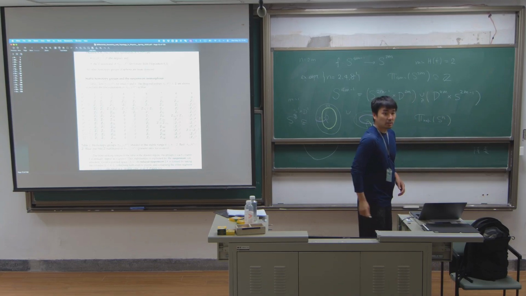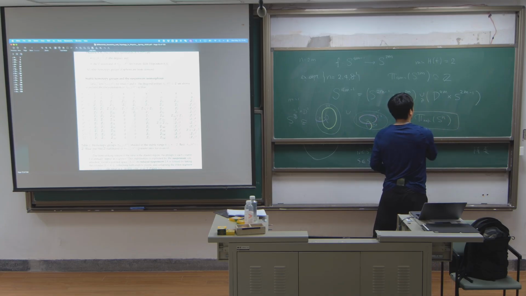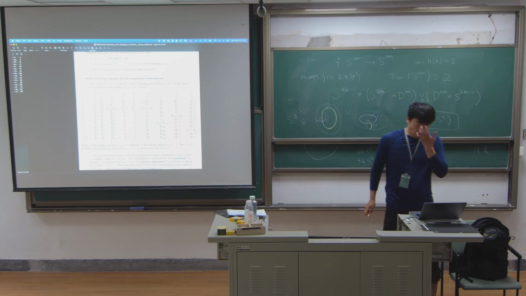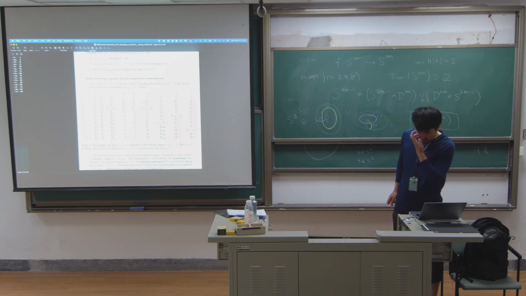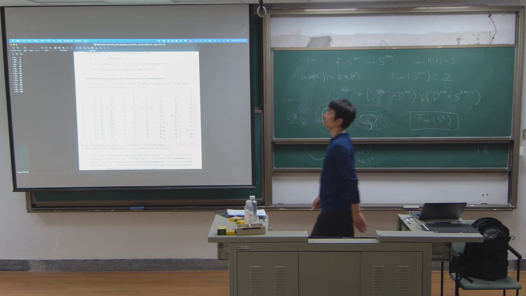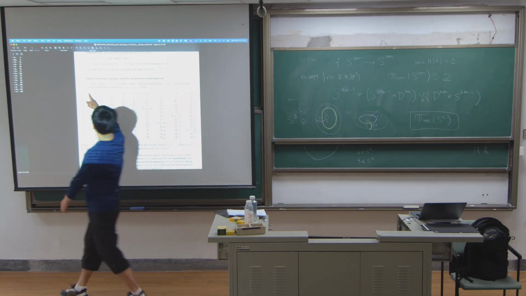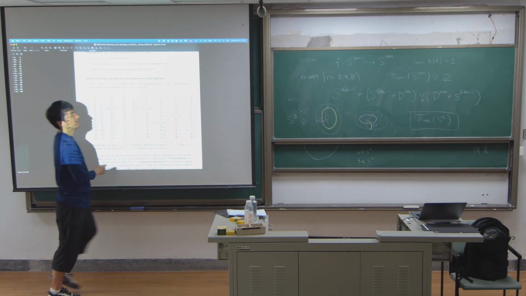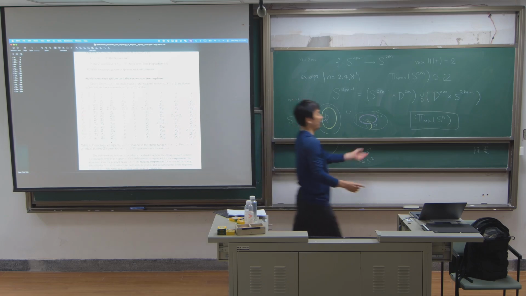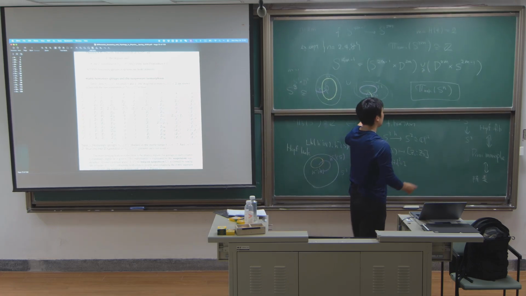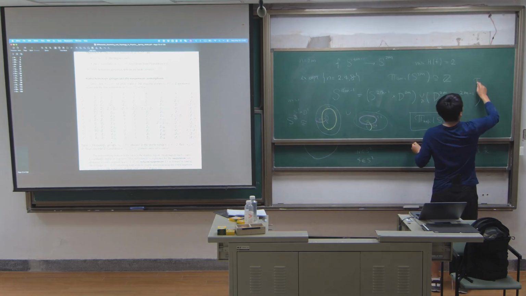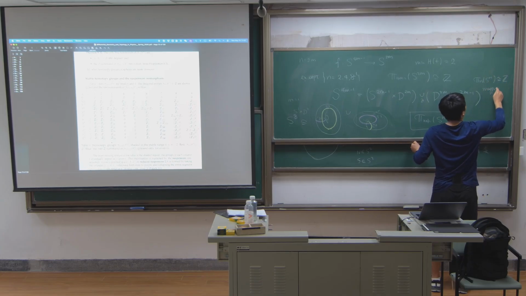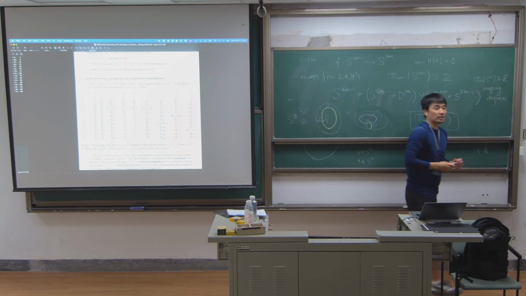Okay, so that's the notation. When k equals 0, this red one is just pi_n(S^n), so this is the mapping degree. So that's a Z.